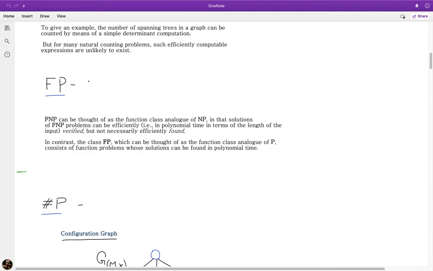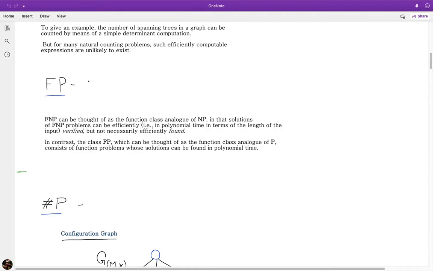Just like in NP where you can easily verify a solution, but it is much harder to find a solution, FNP is a class where for a given instance you can verify the solution efficiently, but it is not easy to find the solution.